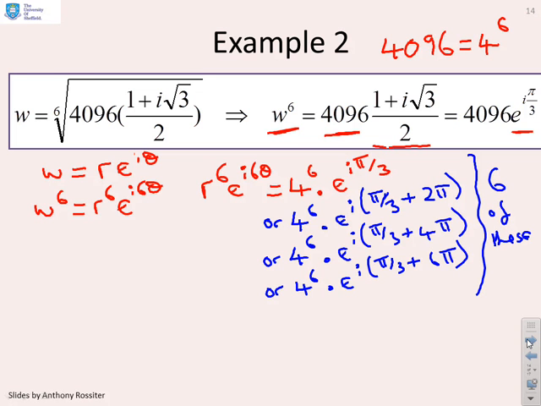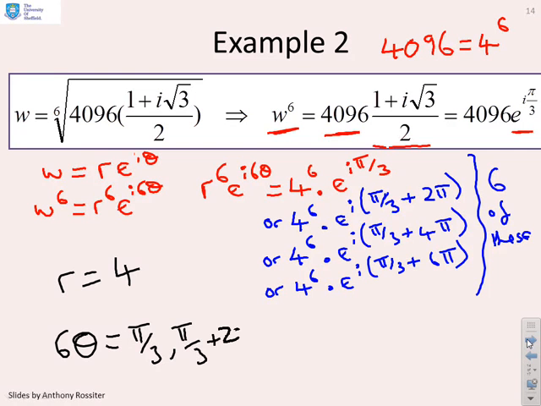So when we solve this, hopefully it's fairly obvious that you've got r equals 4, and you've also got 6 theta equals pi by 3, or pi by 3 plus 2 pi, or pi by 3 plus 4 pi, or pi by 3 plus 6 pi, and so on.